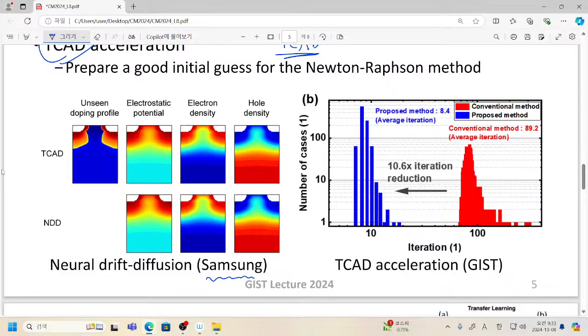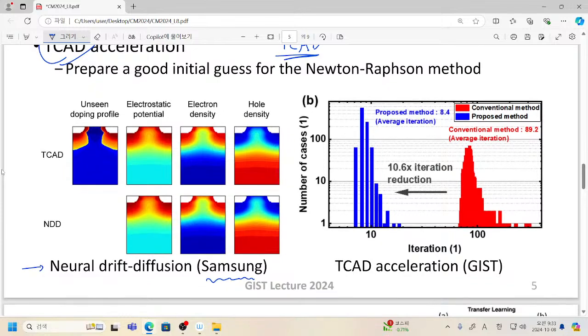They have a dedicated research group, although not that large, but they are devoted to developing this kind of approach. For example, you are now looking at the so-called neural drift diffusion model, presented at this year's SISPAD just a few weeks ago, and now you can see this one.